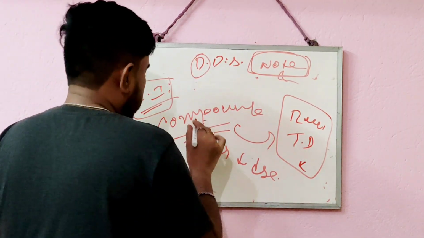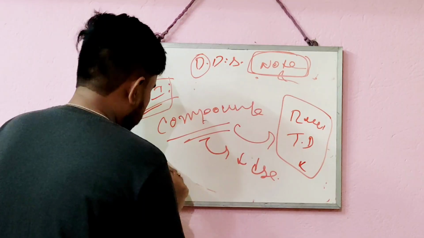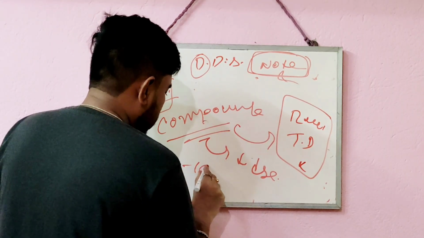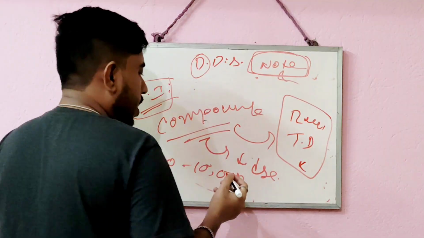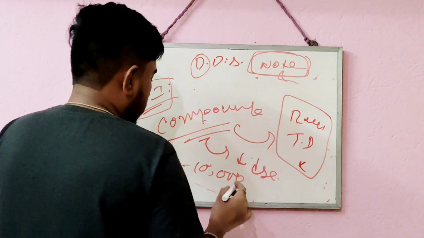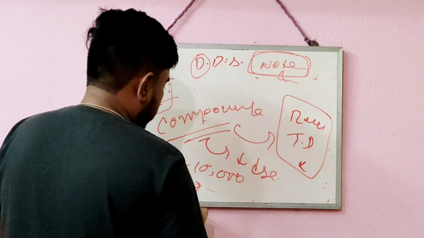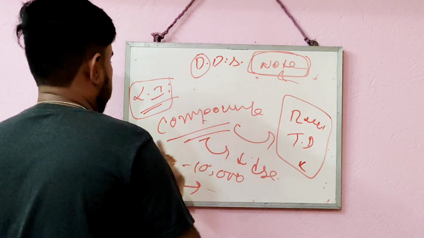In that method, generally 5,000 to 10,000 compounds are shortlisted, which are going to be the tested compounds that will go through the next step, lead optimization.